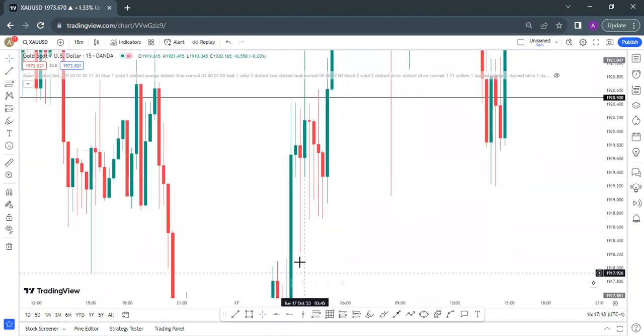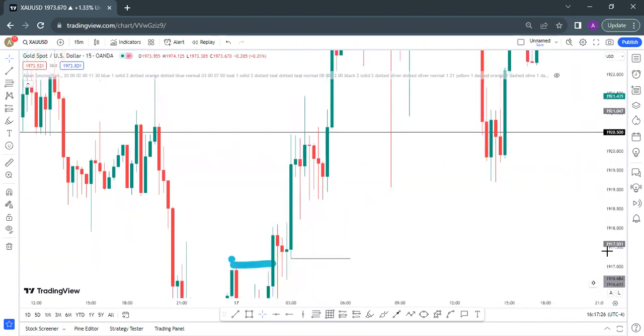So though this red candle took the low of this green candle, we don't consider this a pullback. Why? Because this guy doesn't have an equal high with this main move, because this is our previous main move. So this move and the red move are referred to as internal candles or internal movements.